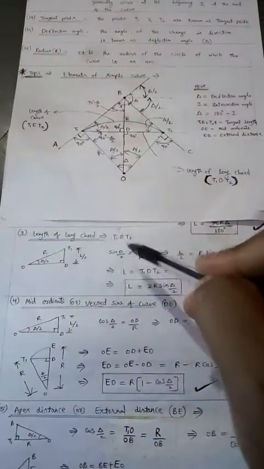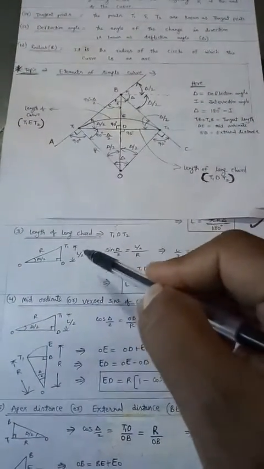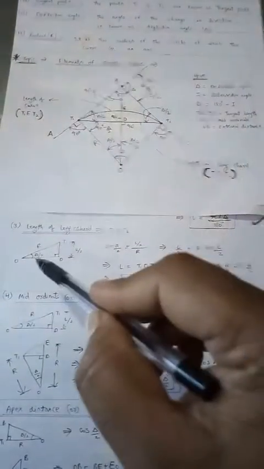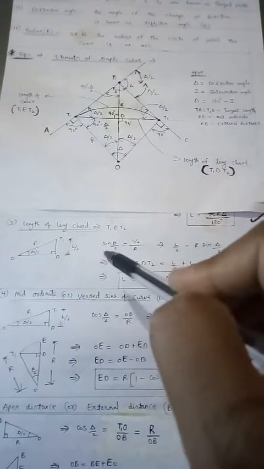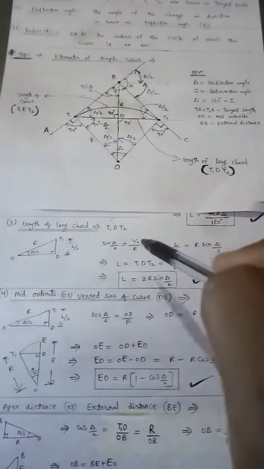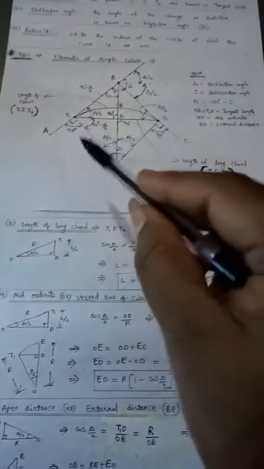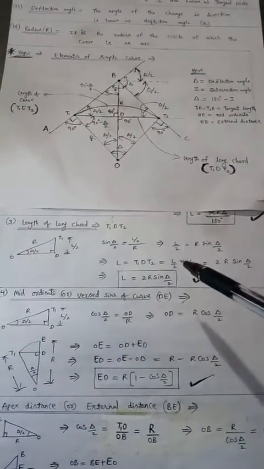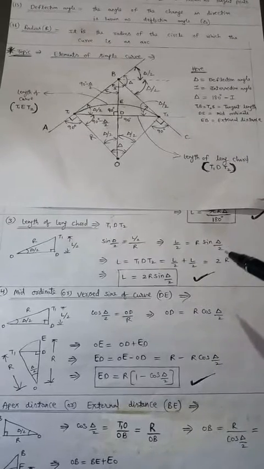Sin theta equals opposite by hypotenuse. Here sin delta by 2 equals opposite L by 2 over hypotenuse R. Solving, L by 2 equals R sin delta by 2.